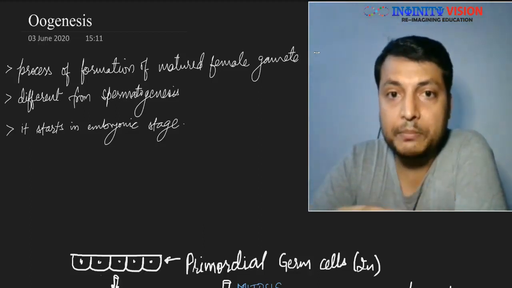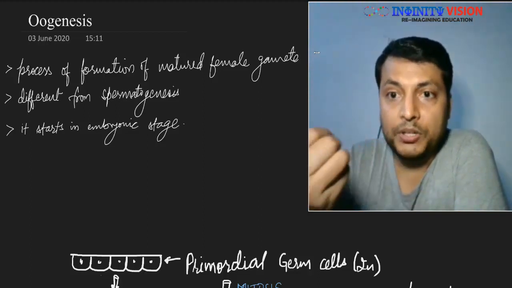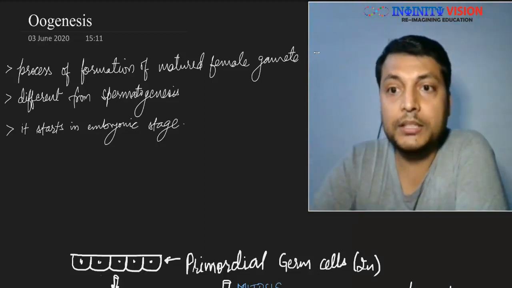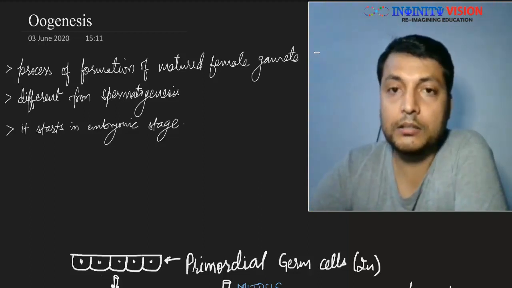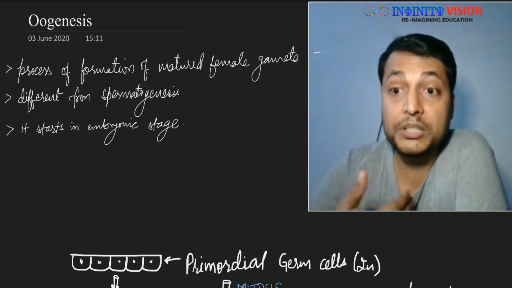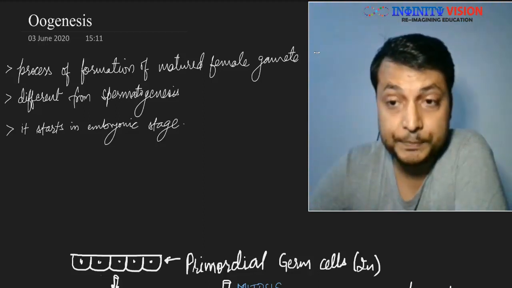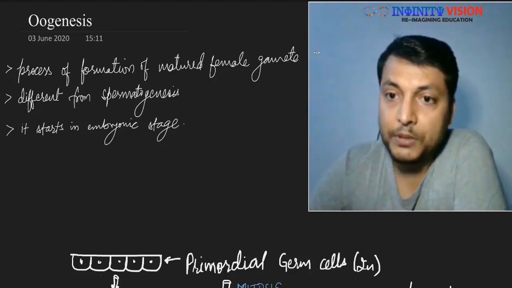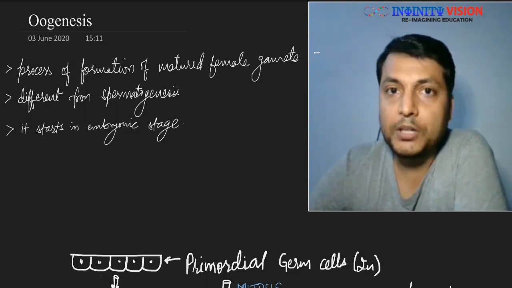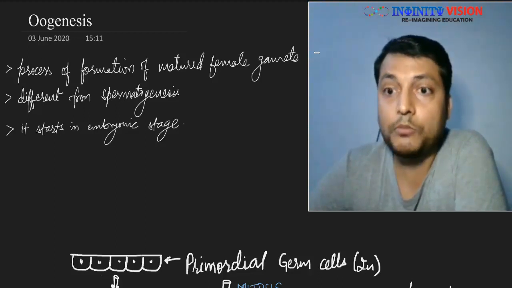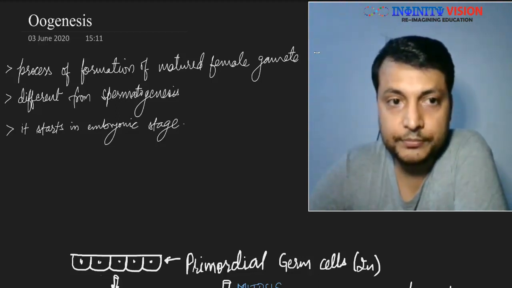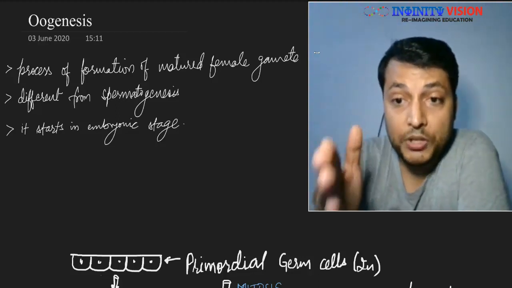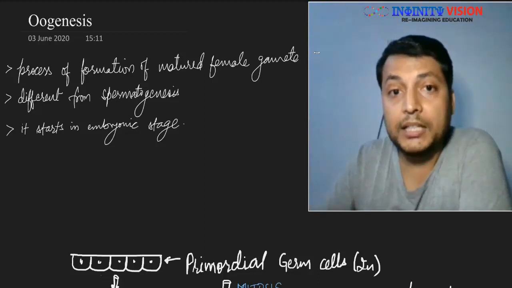The primary spermatocyte undergoes meiosis 1, leading to formation of secondary spermatocytes, and then secondary spermatocytes undergo meiosis 2 without a delay, leading to formation of spermatids.